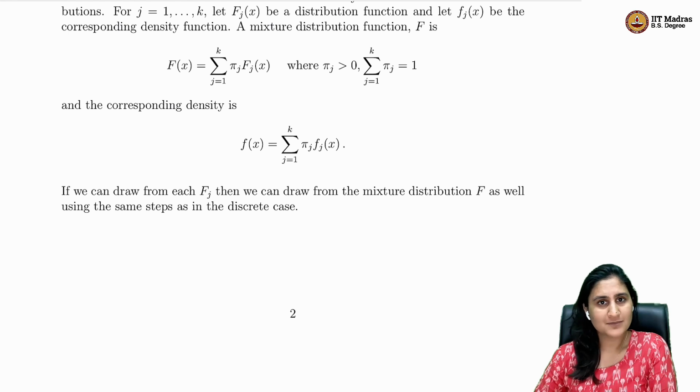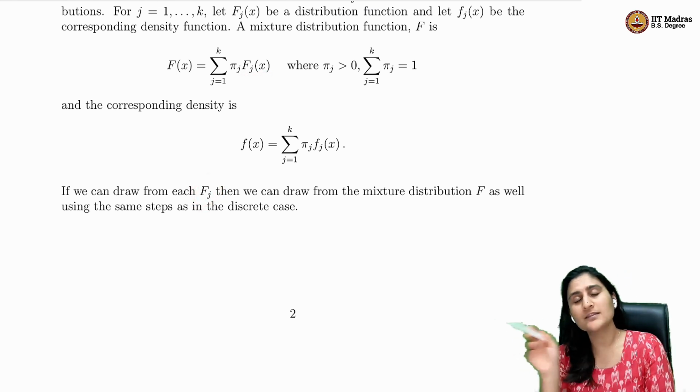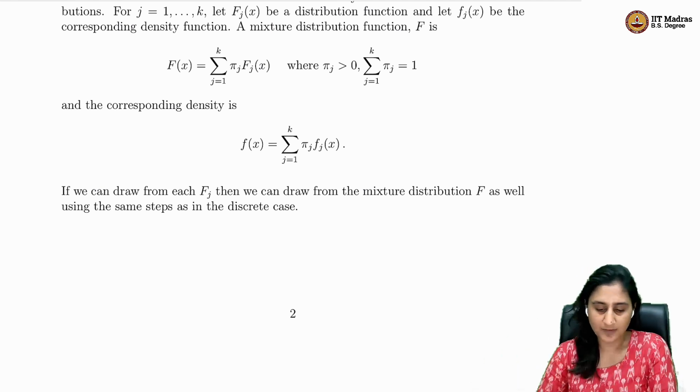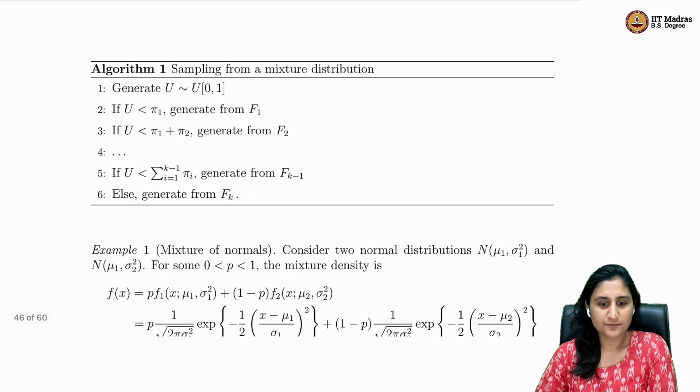The way to sample from this is very similar to the discrete case. If we can draw from each of the individual f_j's, then in the same way that we did in the previous discrete case, we will be able to draw from the mixture distribution capital F as well, using the same exact steps. Those steps are the following.